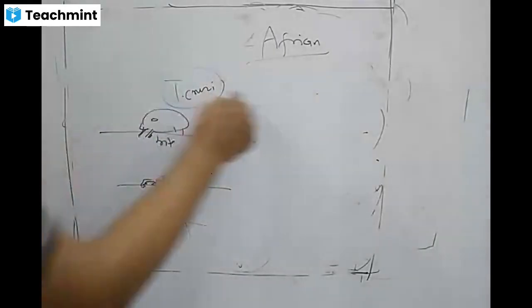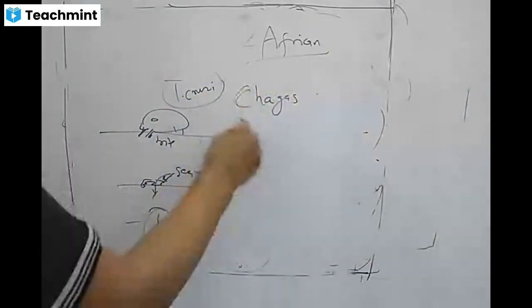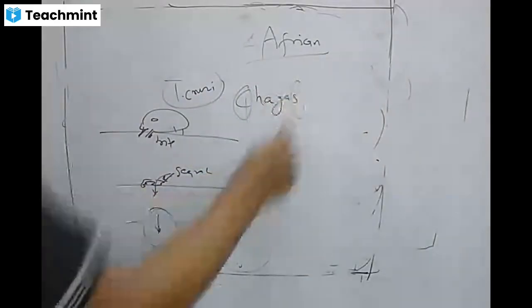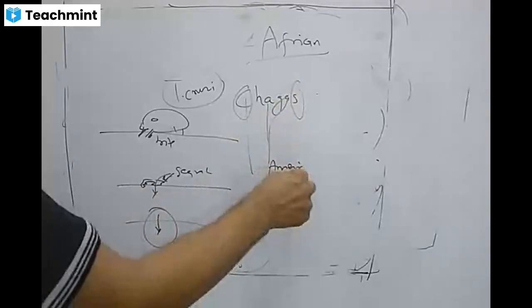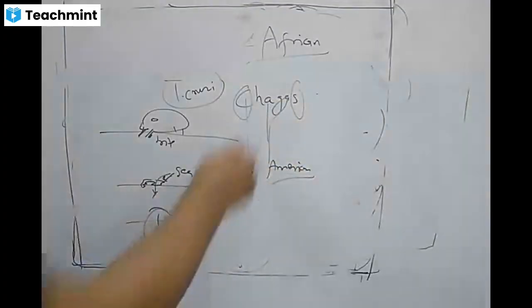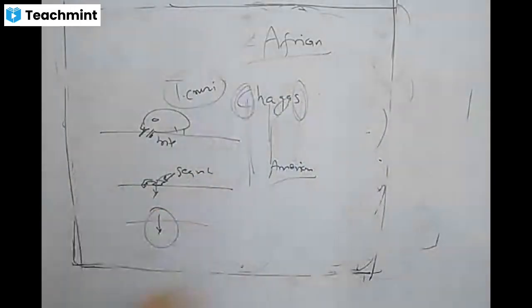So Chagas disease we can easily remember from the name itself, central and the south. And this A will help you to remind it is American. This is found in Central America, South America. This is American trypanosomiasis, Chagas disease.